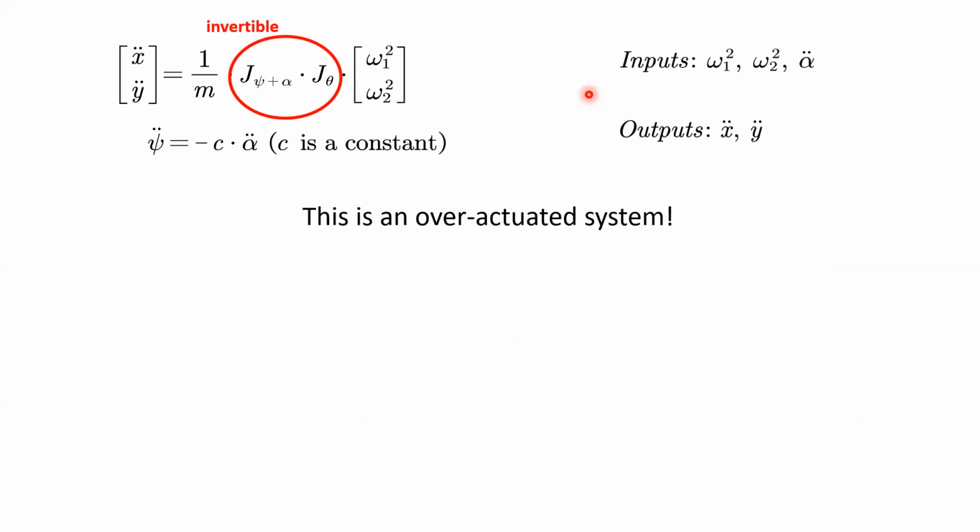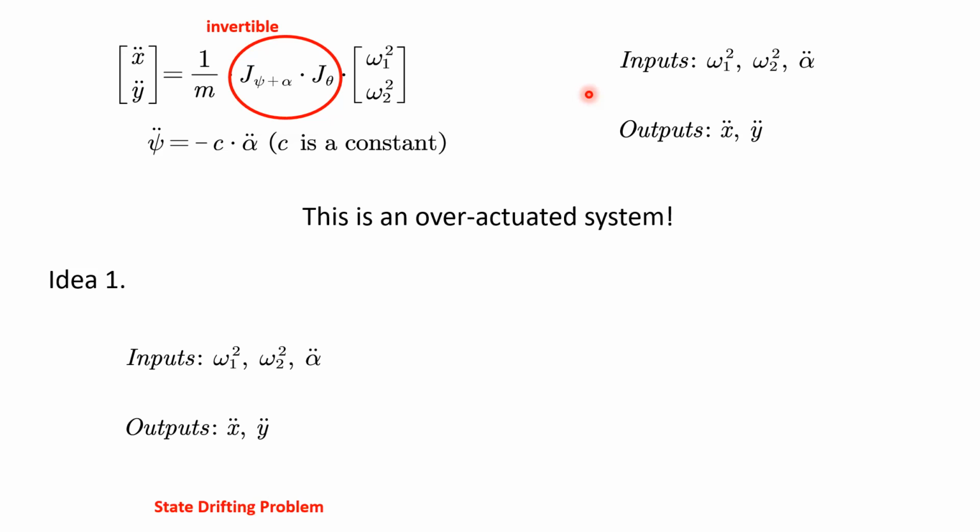One idea to control this system is using 3 inputs. However, there is a problem while using this idea. I call it state drifting problem. We will see this problem later. Another idea to control an over-actuated system is by discarding some of the inputs.